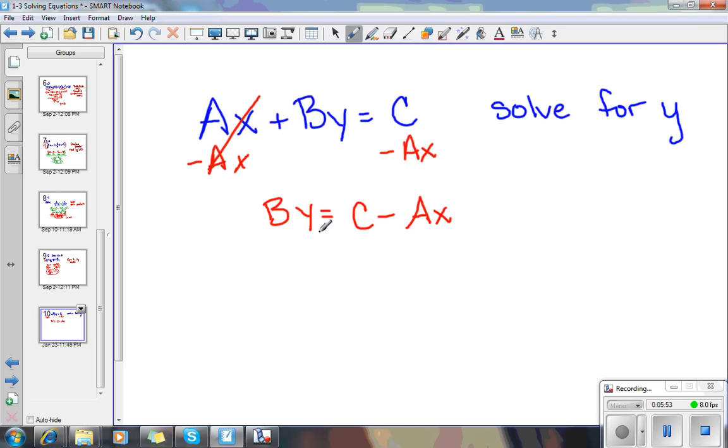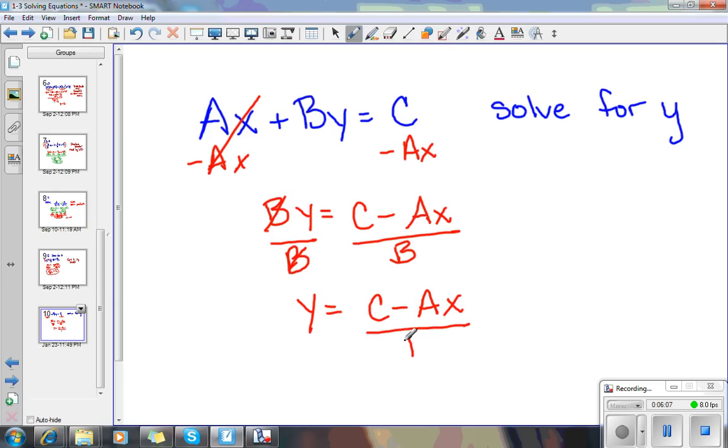Now I'm trying to get y by itself, so I have to undo multiplying by b, so I divide by b. And I get y equals c minus ax divided by b. And that's okay for right now, we can leave it like that. It's solved for y. So that's how you solve equations.